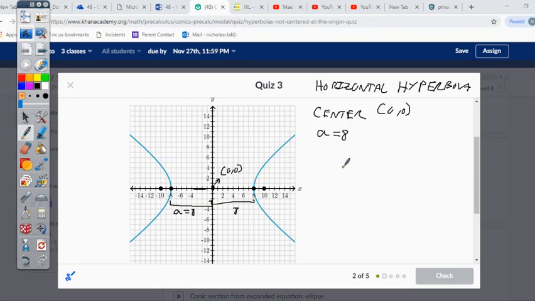Not only is this a horizontal hyperbola, a is equal to 8, we see that c, the distance between the center and the focus, is 10. So c is equal to 10.